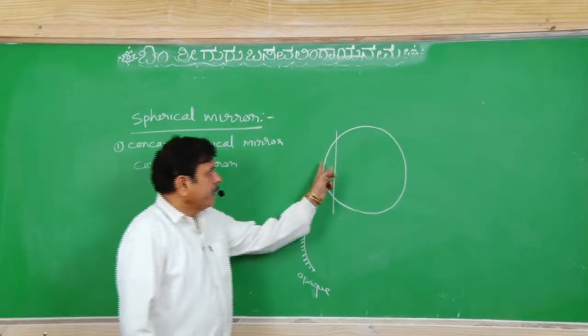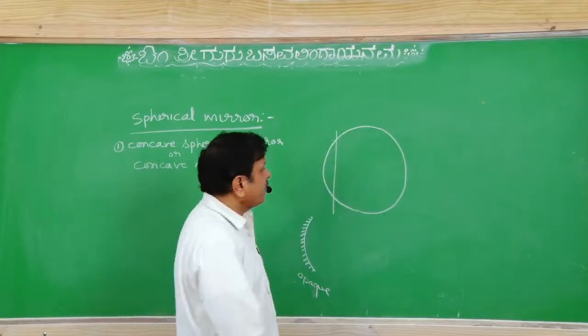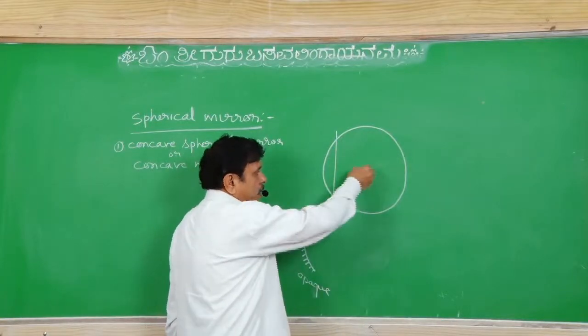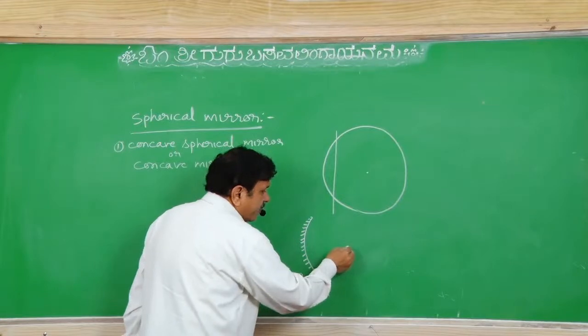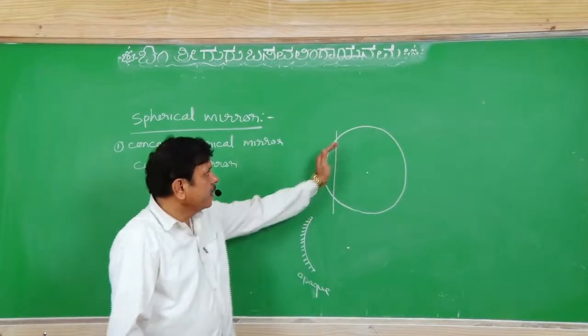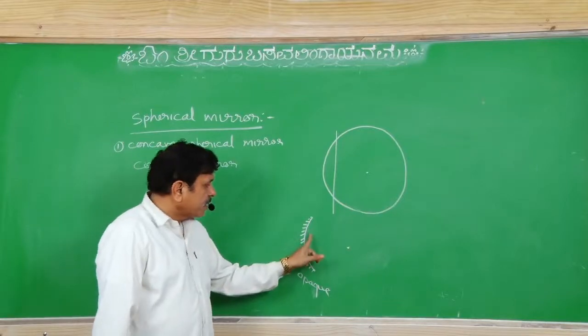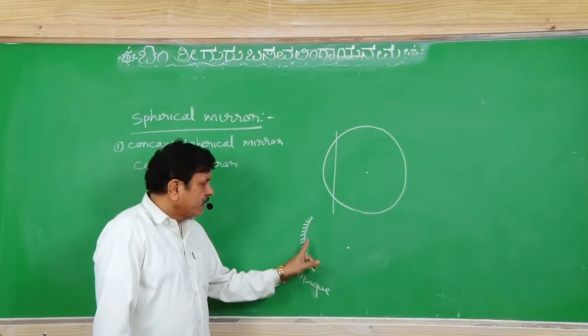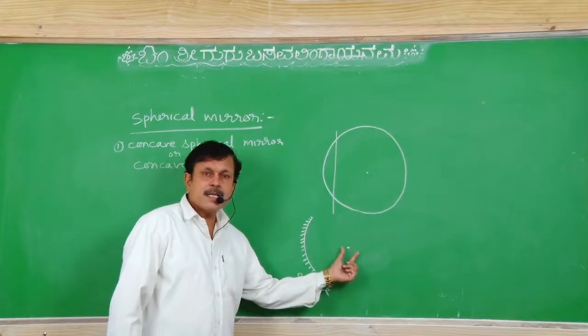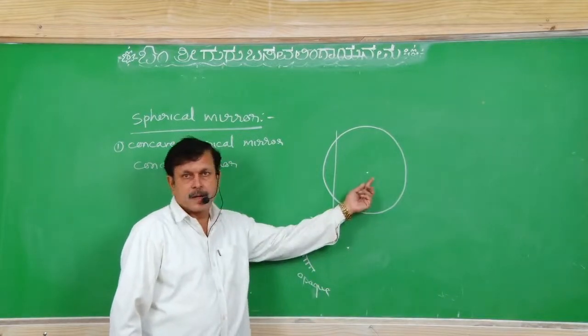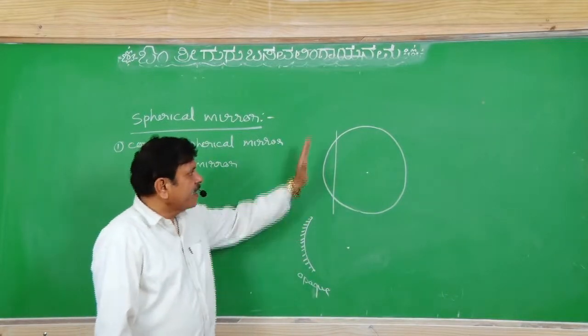Now such a surface is called a concave mirror. Here the center of curvature of the sphere will be here, because this portion is taken out from here. So this is the reflecting surface, and it is towards the center of the sphere from which this part is cut.